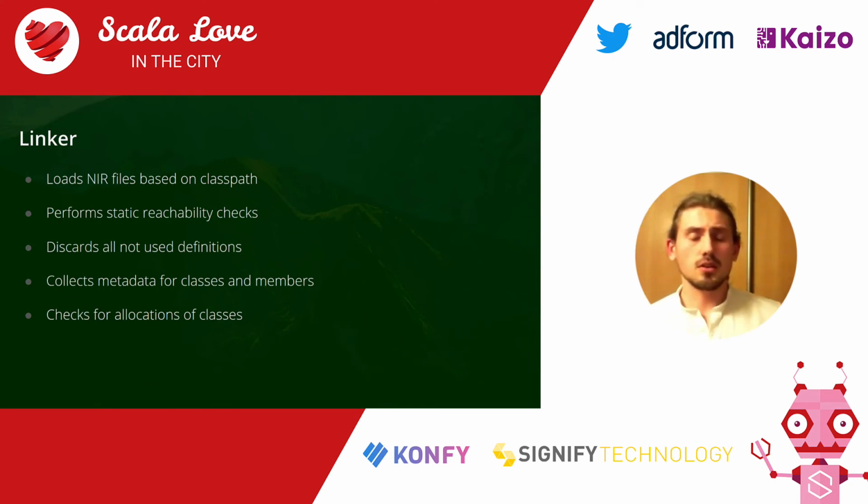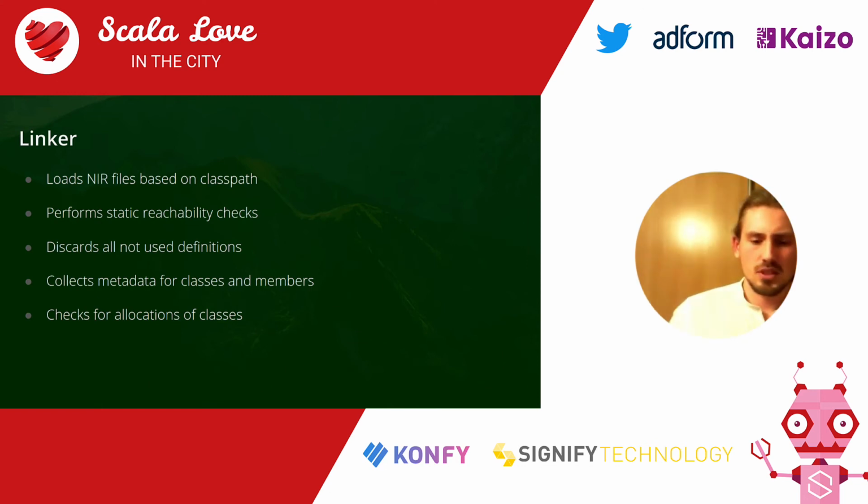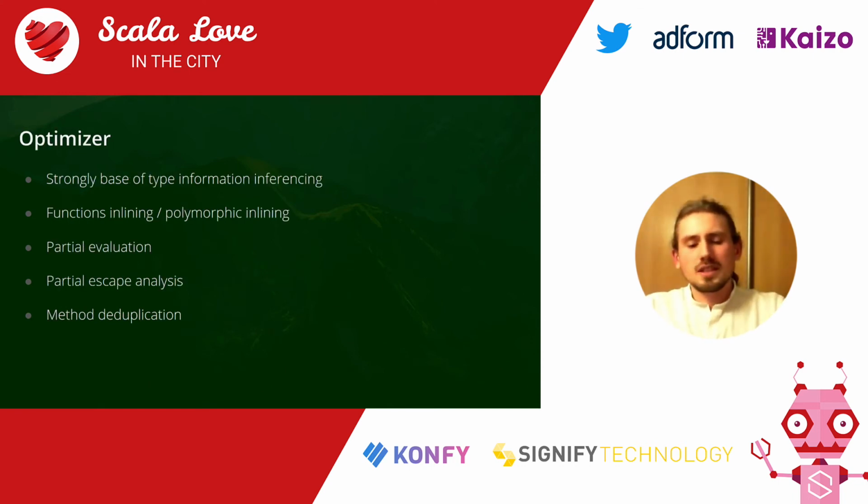Also in this phase, we are collecting a lot of metadata from classes and their members, so that it can be used in the next phases. Also, we check for allocations of classes, because if some class is not allocated, we can easily discard it, because it's never actually used.